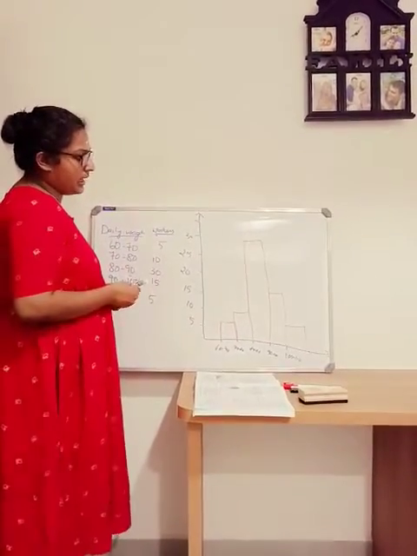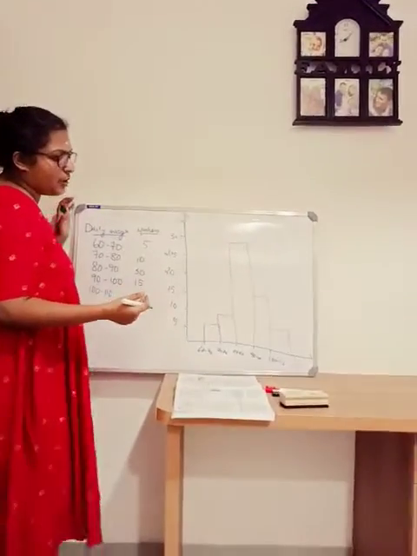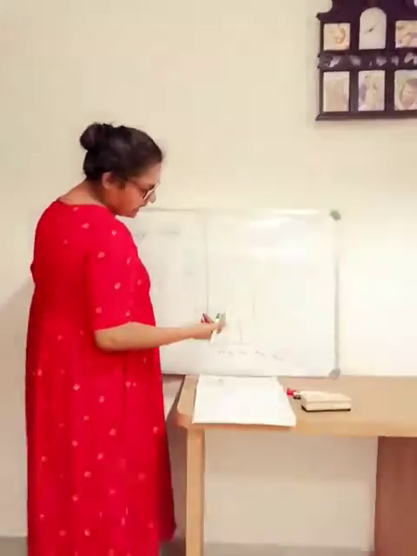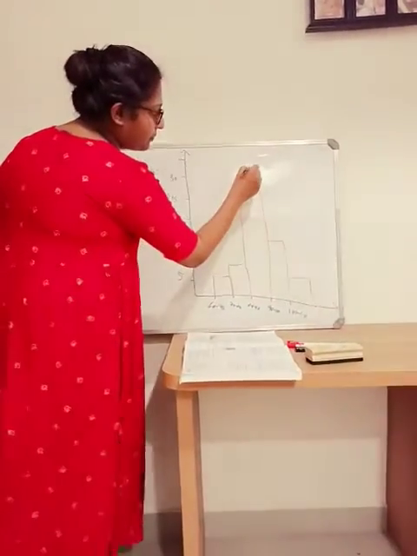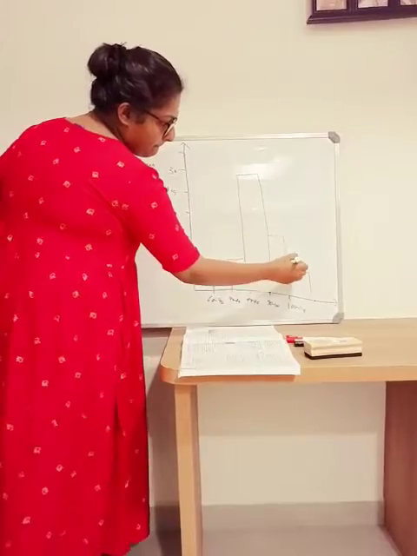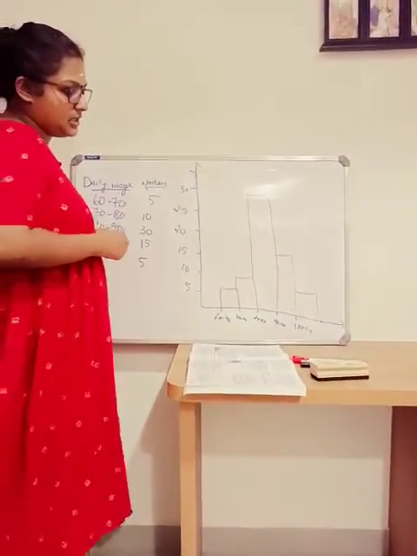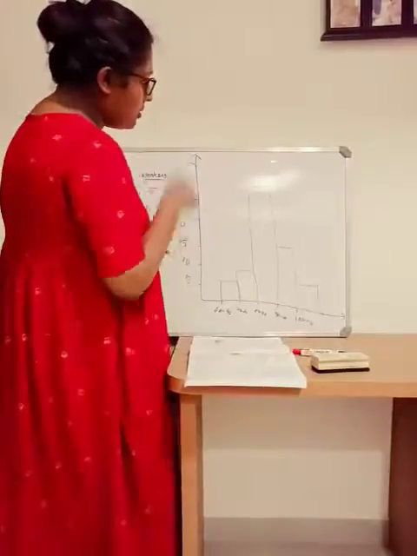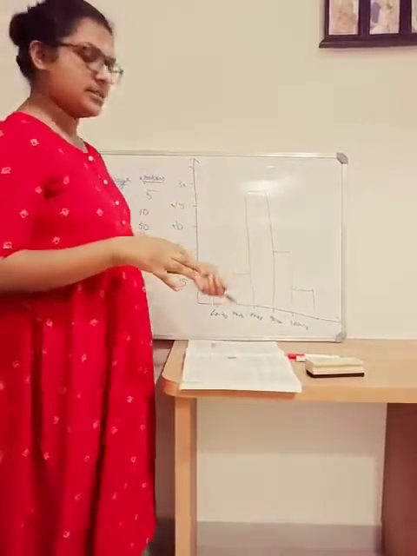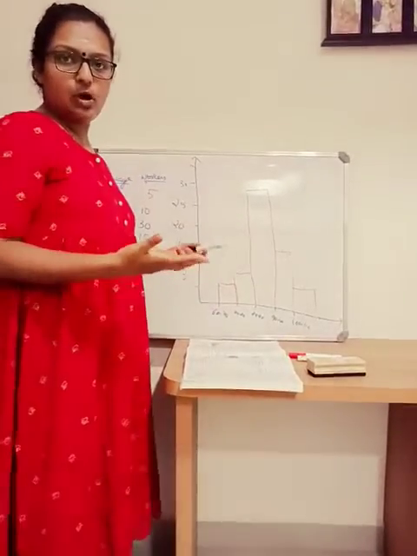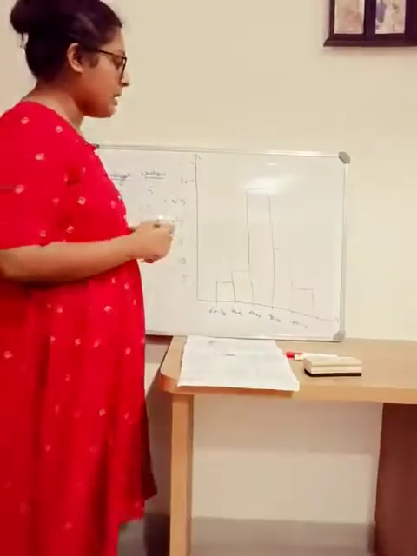Now we are moving on to the next thing, that is the frequency polygon. If you take all the mid values, just mark all the mid values of the histogram. We have marked all the mid values. Then use a scale and join all these points. Since I don't have a big scale, I am not using one, but you have to use a scale and join these points.